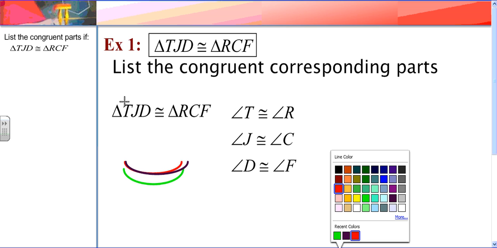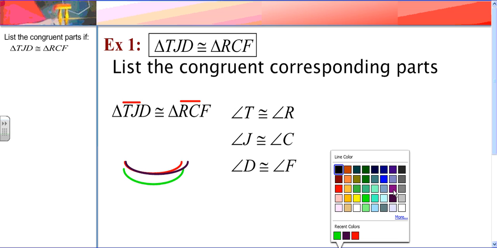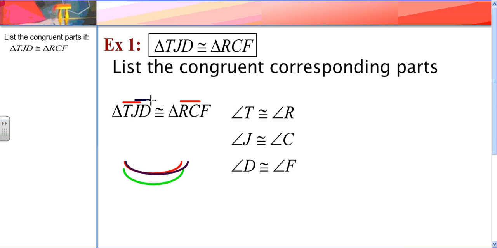So if I were going to have, for example, segment TJ, that would have to be congruent to segment RC in the second triangle because they go in the same order in the congruency statement. In a similar way, I could say that segment JD was congruent to segment CF.